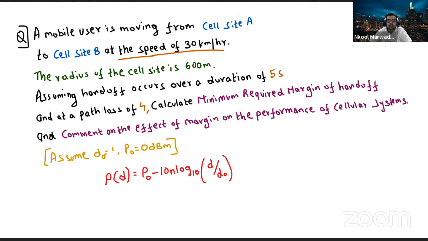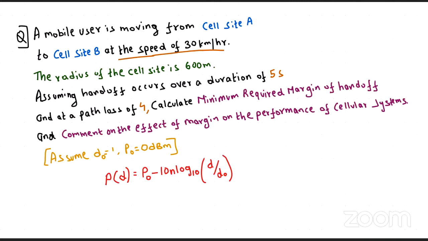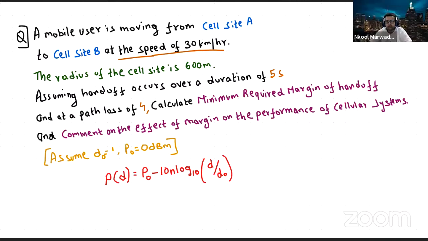Here P naught is given as 0 and d naught is 1.